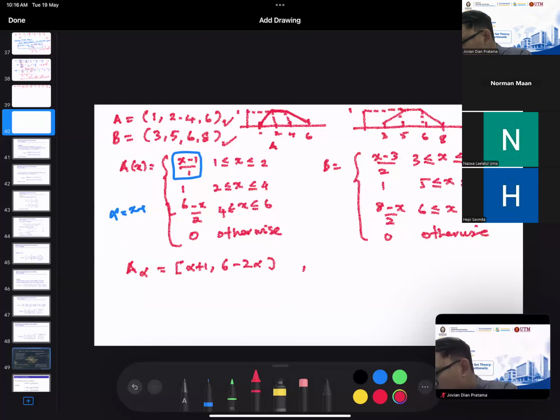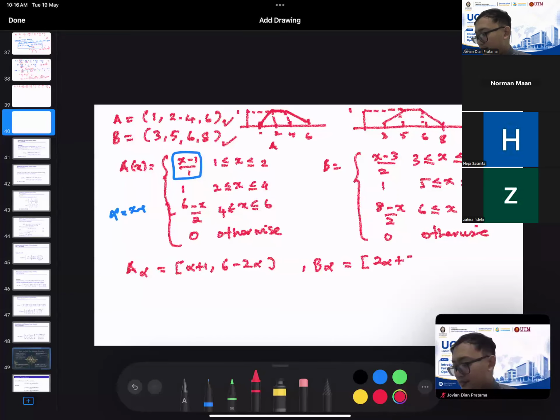And then also your BX. The same methodology you apply to this membership function, you will get BXU, which equals 8 minus 2 alpha. So this is quite easy if you want to check whether your calculation is correct or not, by substituting the value of alpha, either alpha equals 0 or 1.